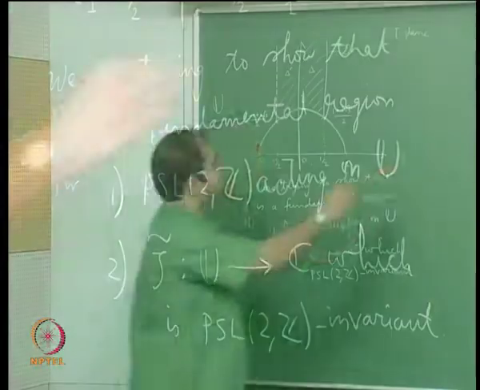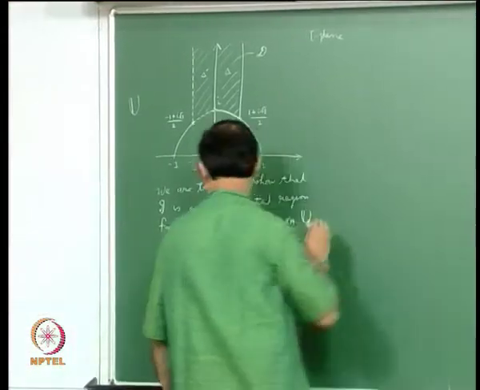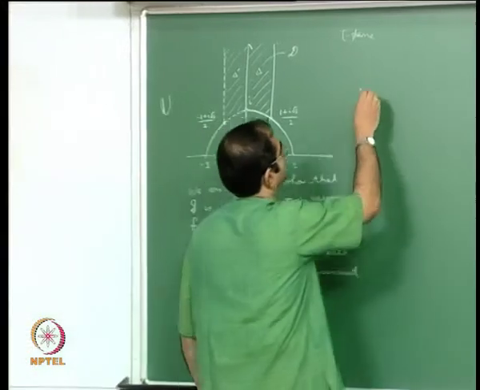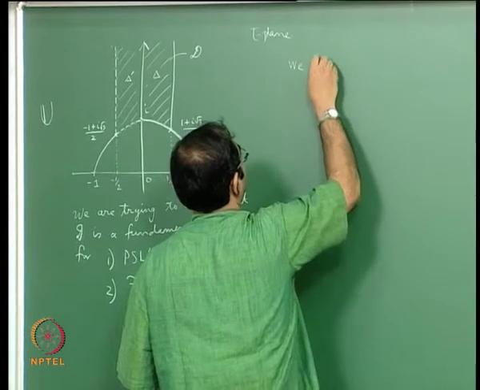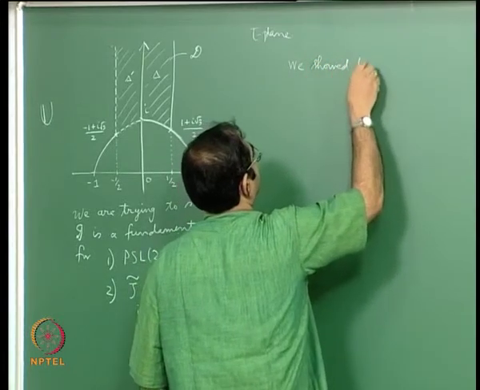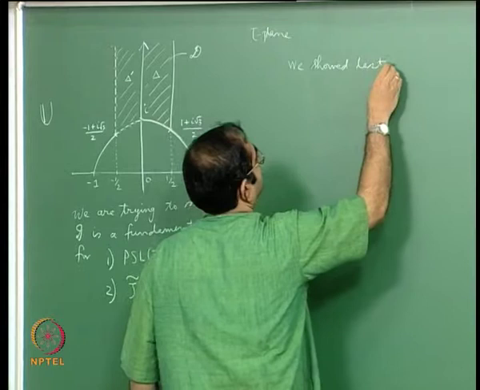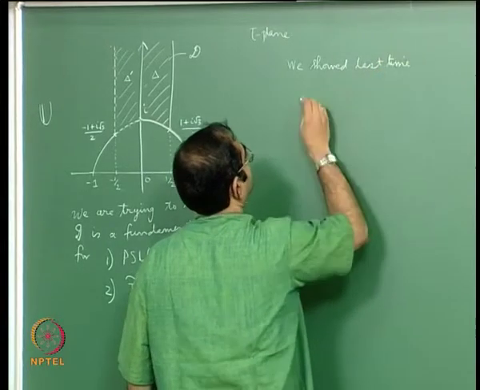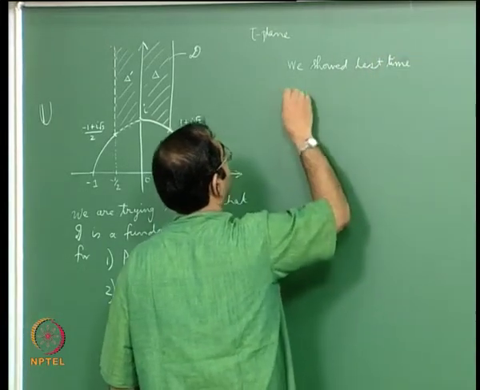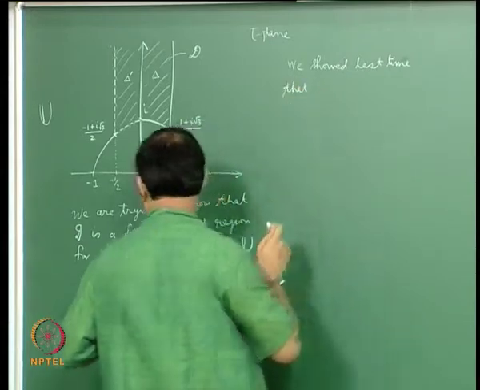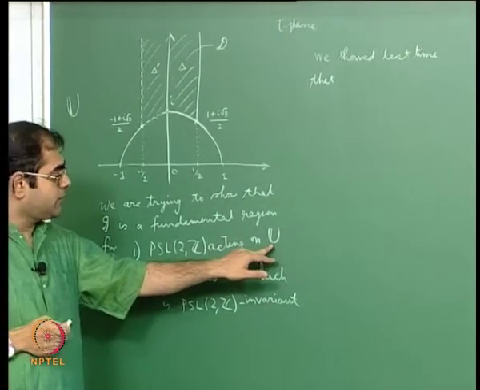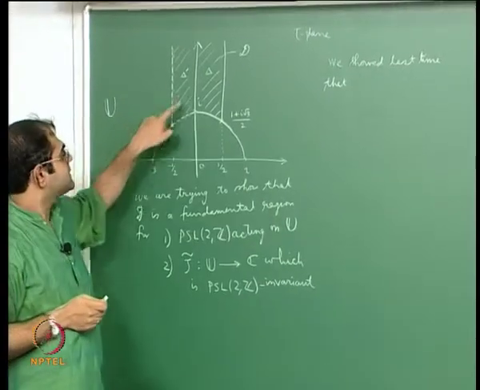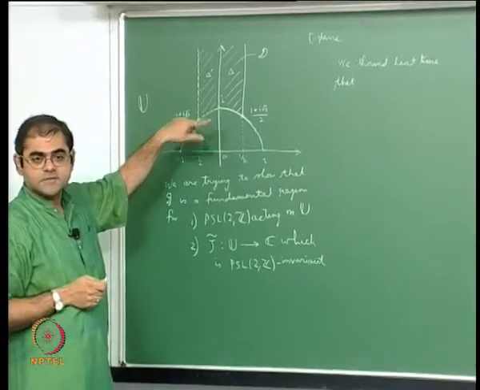So what we proved last time, we showed last time that you take any PSL2Z orbit in U, it does intersect script D. This is what we proved last time.